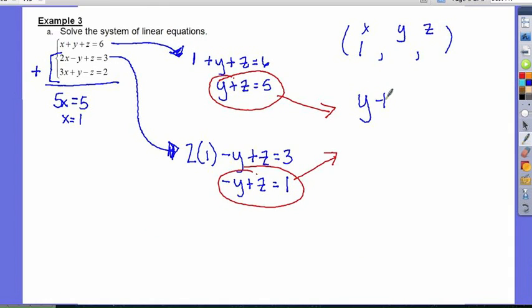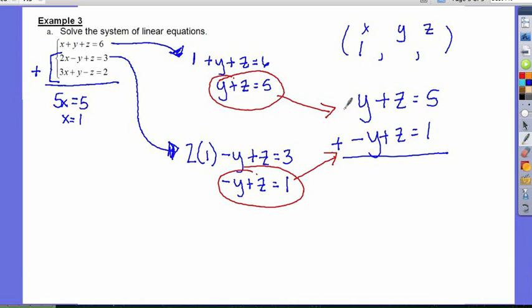So now I have y plus z equals 5. Negative y plus z equals 1. And now we can solve this smaller system and find out what y and z would be. I want to add them together. Luckily, if I add them together, the y's cancel out, so I don't have to multiply one of these equations by something.